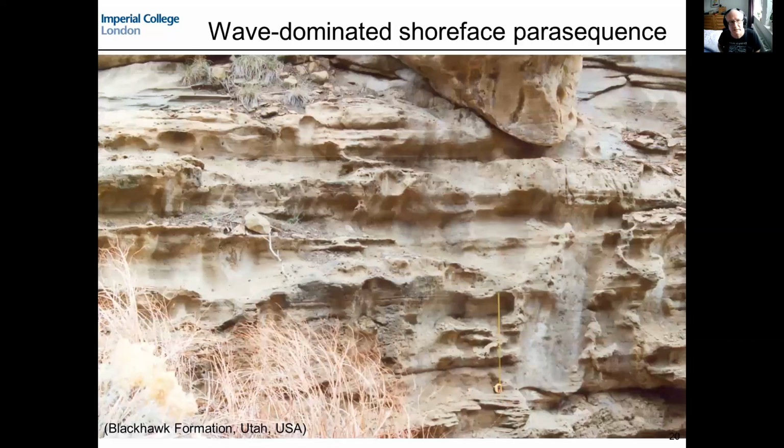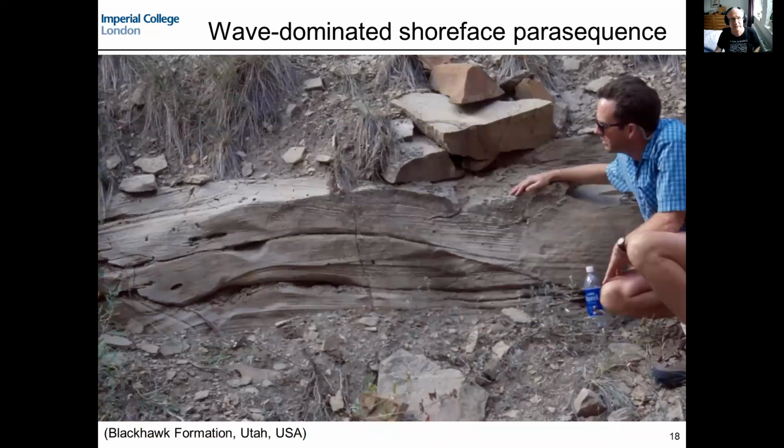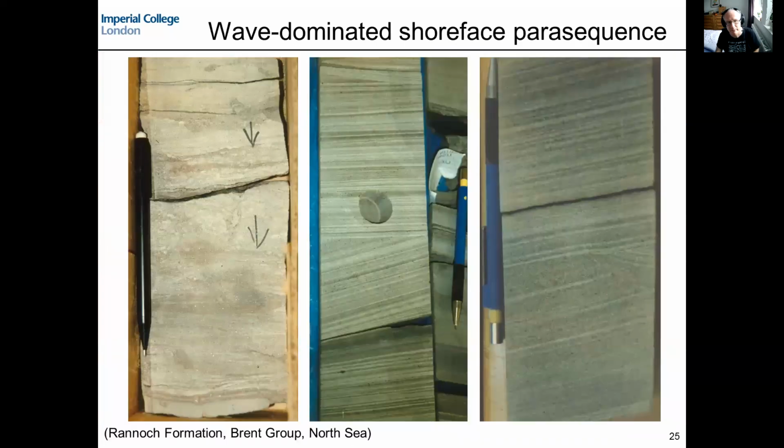If I jump back in the slides to this example in here, if you imagine taking a thin strip through the middle of that bed, you can imagine you see some parallel laminated intervals, a surface with a slight change in angle, some parallel laminations, a change in angle, some parallel laminations, which is basically what we're seeing in this central core in here.